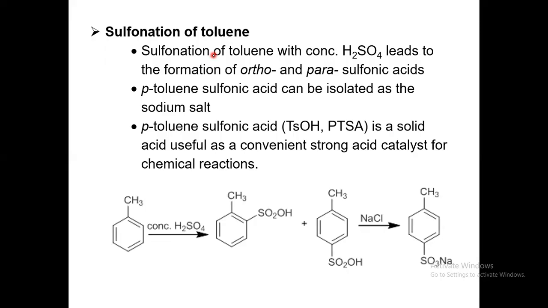The next statement: p-toluene sulfonic acid can be isolated as sodium salts. Very important. I will explain. The next thing here is that para-toluene sulfonic acid is a solid acid, useful as a convenient strong acid.